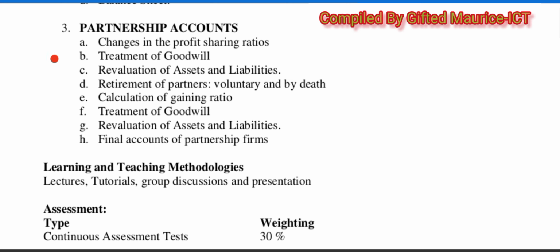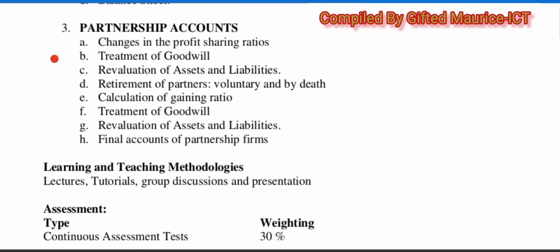So in partnership accounts, we will not entirely look at it, but we will look at the final accounts of the partnership. Other aspects of the partnership, like conversion of a partnership into a limited company or dissolution of a partnership, will be dealt with in our subsequent courses.